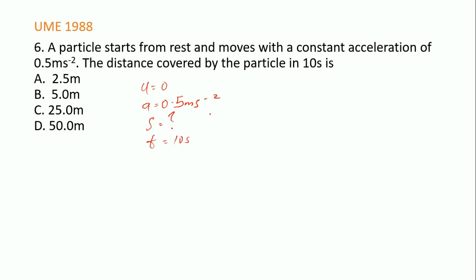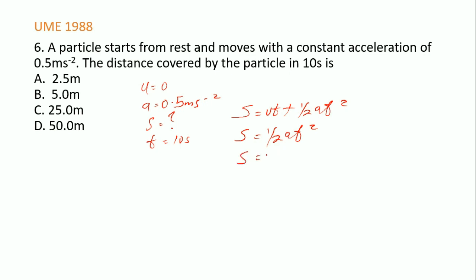So think about this. I'm pretty sure what should pop out to your mind is this equation right here. This equation right here is S equal to ut plus 1/2 at squared.